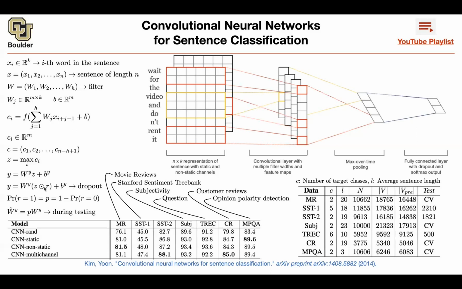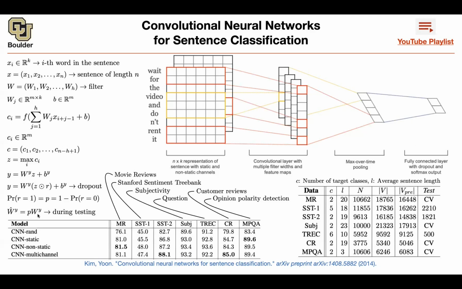Some of these weights or some of these neurons are just going to drop. You're just going to cancel them out. You're just going to set them to 0. And once you set them to 0, the corresponding weight is not going to get optimized for that particular sentence. So each sentence that goes in, you can think of it as a project. Each project that goes in, a random team is going to work on it.